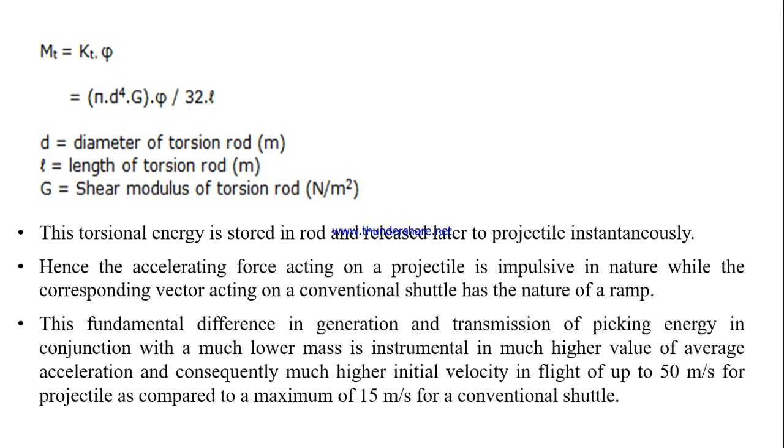So, as I have already discussed, the projectile has a very minimum mass. Maximum mass is only 50 gram, and it is getting an impulsive force for the propulsion. Due to that, there will be very quick development of velocity and acceleration in the projectile, and that value is much higher than that of the shuttle.